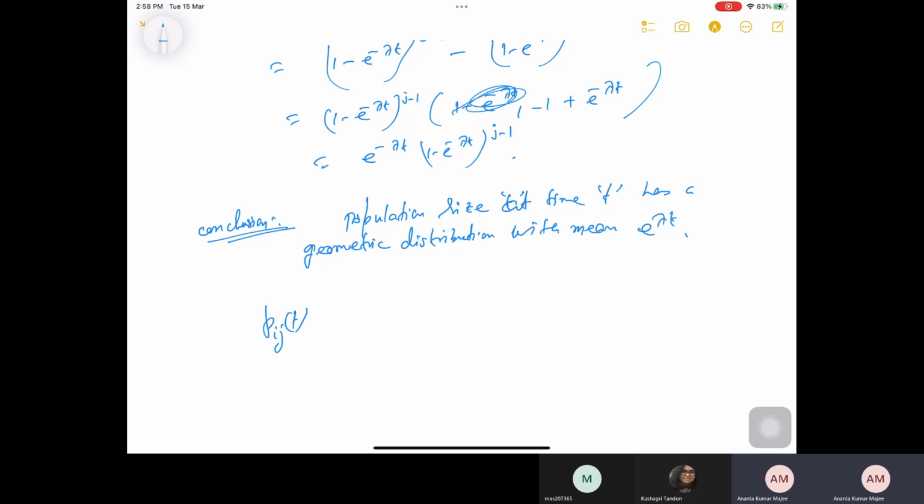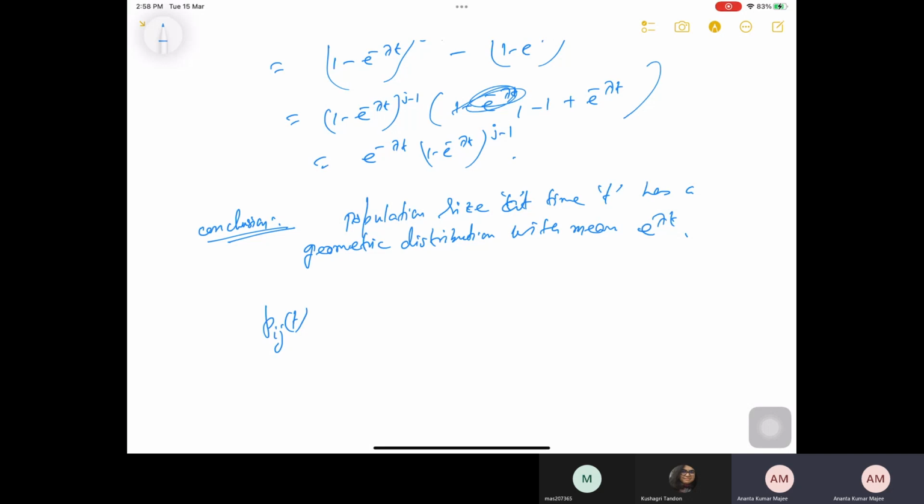Hence the distribution, which I am denoting as P_ij(t), will follow a negative binomial distribution. We know that if you consider the independent sum of geometric distributions, then it gives you the negative binomial distribution.